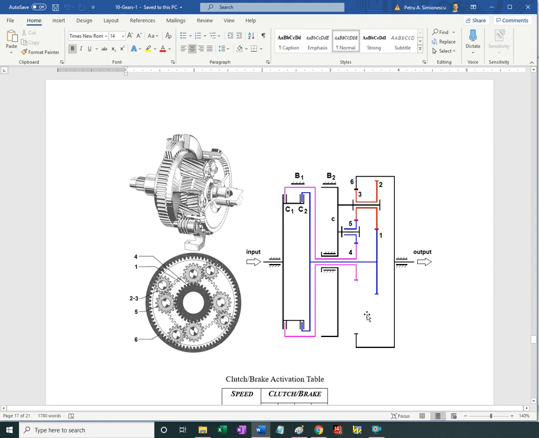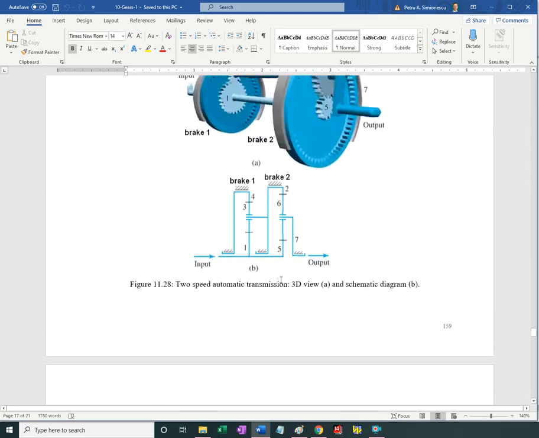And finally, for units like these, not any number of teeth could go to 1, 3, and 4.